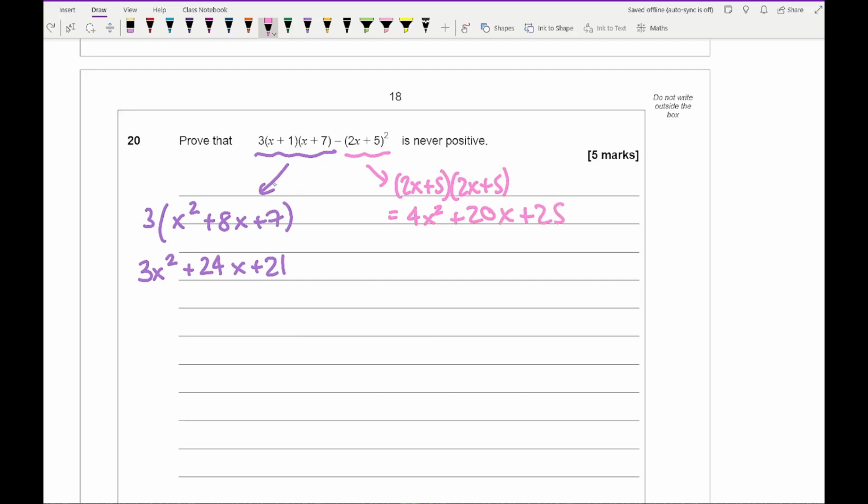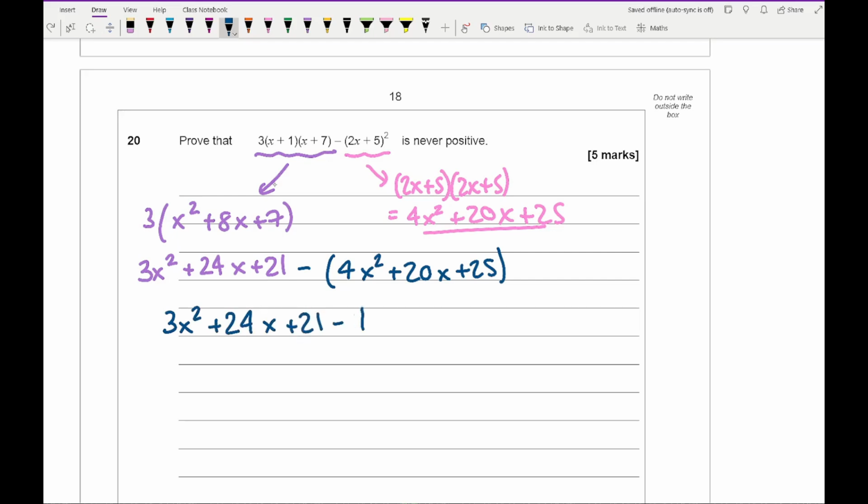So I then need to subtract the pink from the purple, and again just making sure I'm writing that in brackets. So then what I end up with is 3x squared plus 24x plus 21 minus 4x squared minus 20x minus 25. Then from this, what do I end up with?